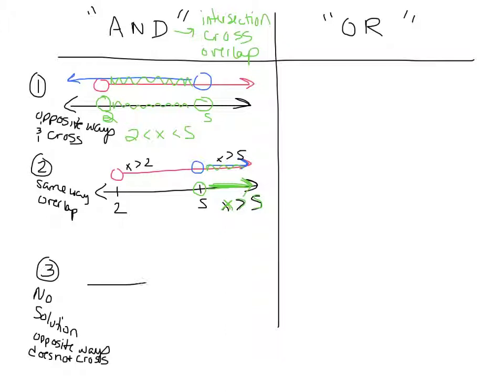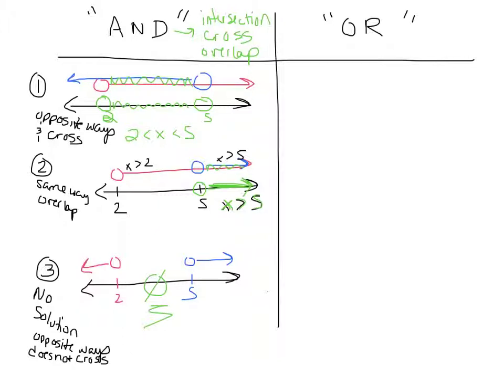So what my graph will look like is something like this, where if I stick with the 5 again, and then I might stick with the 2 again, they do not cross at all. So I would say my solution is the empty set. There is no solution, which would be a blank graph, and with the denotation here, or somewhere on your sheet, that there is no solution.